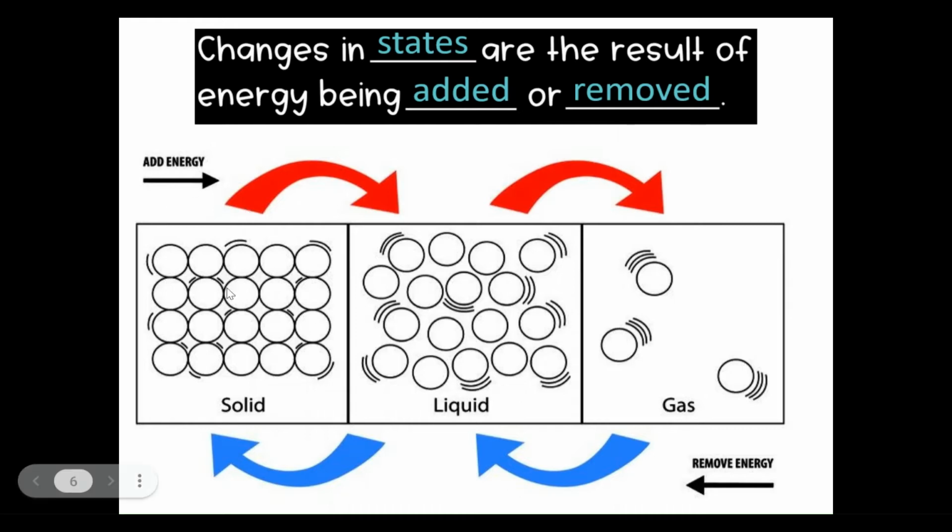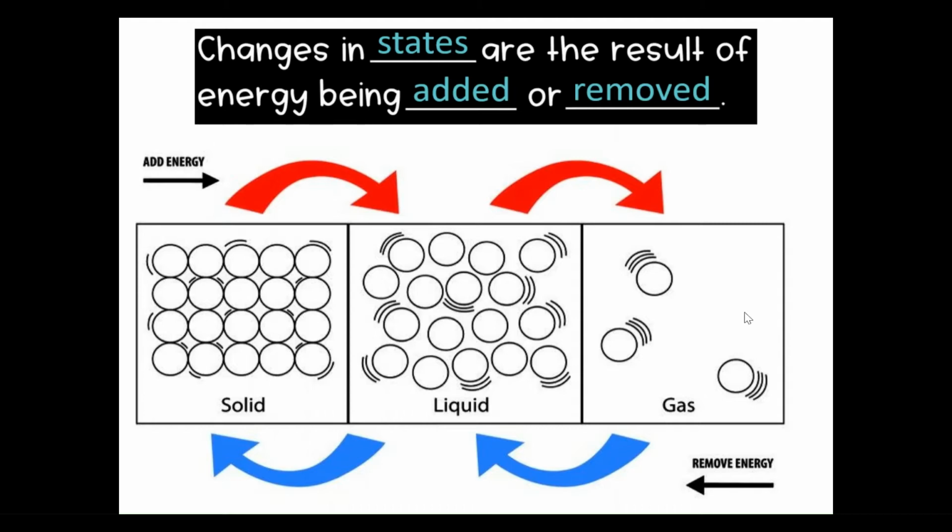So here is a solid, and notice how the atoms in a solid are tightly packed together. If you add energy, they jump over to now becoming a liquid, and now the atoms are slightly more spread apart. If you continue to add energy to a liquid, it then becomes a gas, and in this case, the gas atoms are way more far apart than in a liquid.